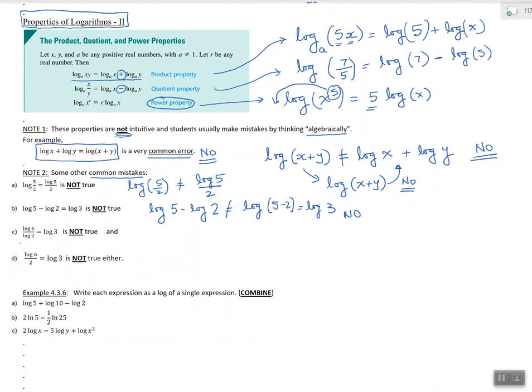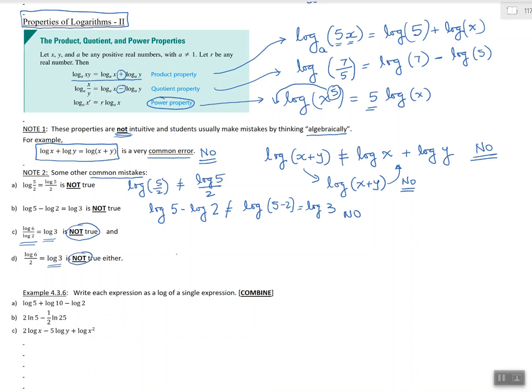Similarly, with log of 6 over log of 2, sometimes students think that 6 and 2 could cancel and make it 3, so log of 3. That's not true. Log of 6 divided by 2, the whole thing, is very, very wrong. This is not at all log of 3, so don't do this either.